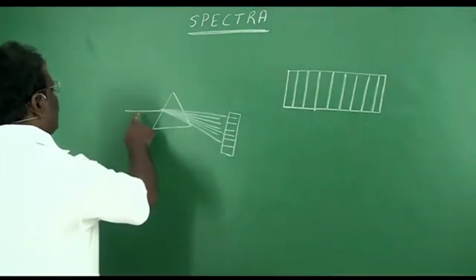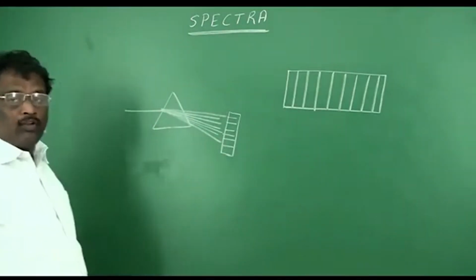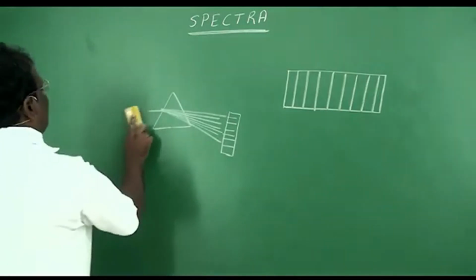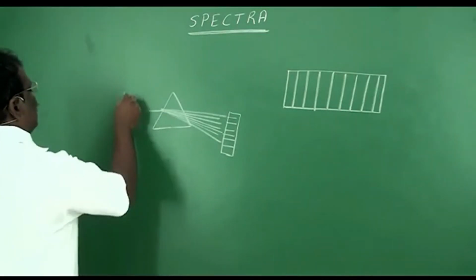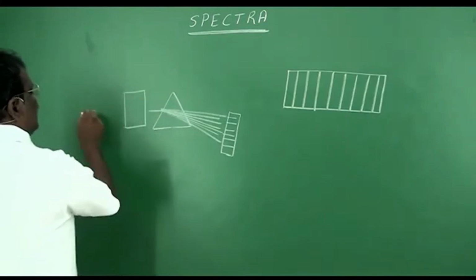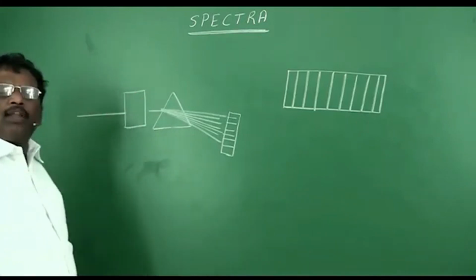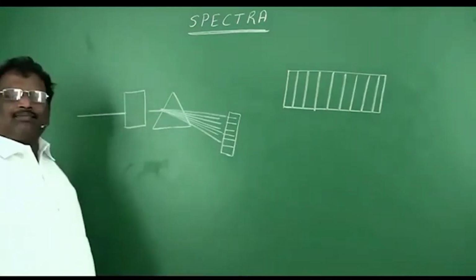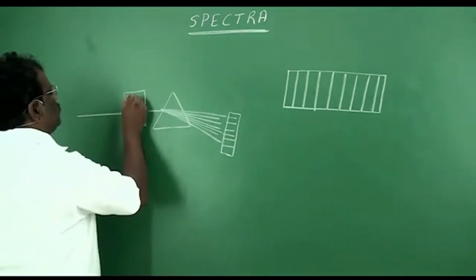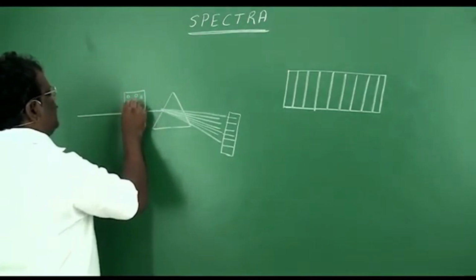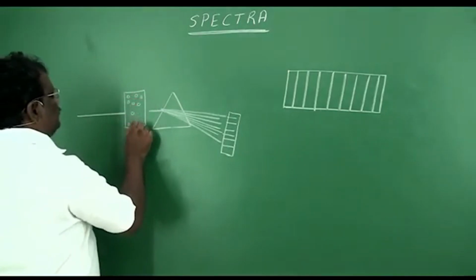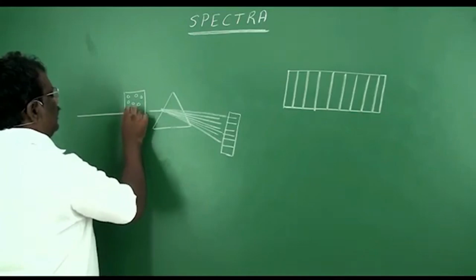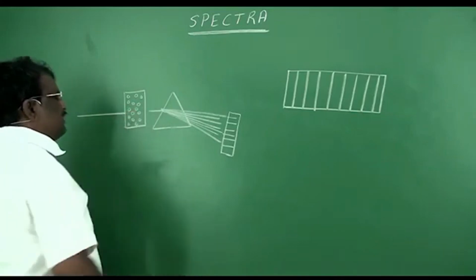Now, before this white light enters the prism, what we do is take a sample of gas which is under study, and allow the white light through this sample. There are many atoms present here, belonging to the element under study.